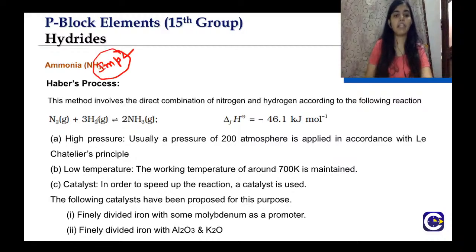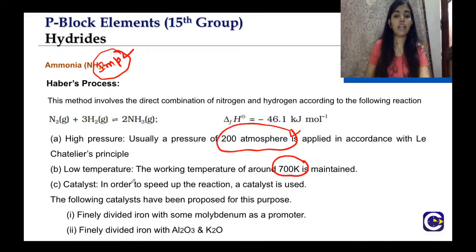This method involves the direct combination of nitrogen and hydrogen to give ammonia, right? But dinitrogen is very inert in nature, so this reaction has very harsh conditions. The temperature is around 700 Kelvin and a pressure of around 200 atmospheres is taken, right?